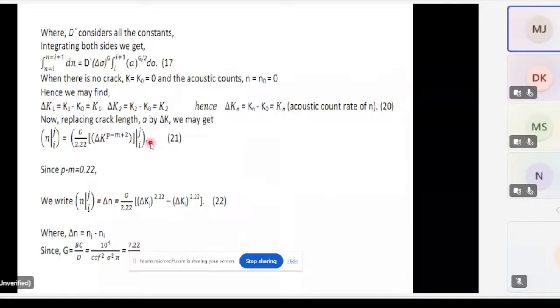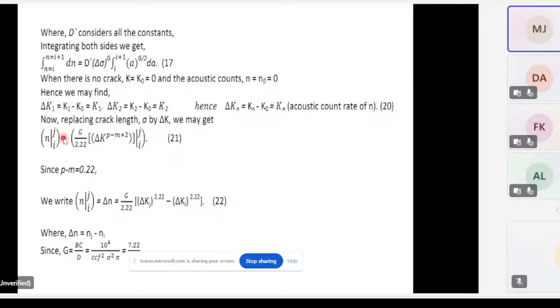Once you get this, you can integrate, with the integration going from i plus 1 to j, and you will get this. The entire constant lands into this, and since some values are known, it automatically comes to this. So P minus M, 2, all those things are constants generated, and I simplified that so that a simplified equation is there.